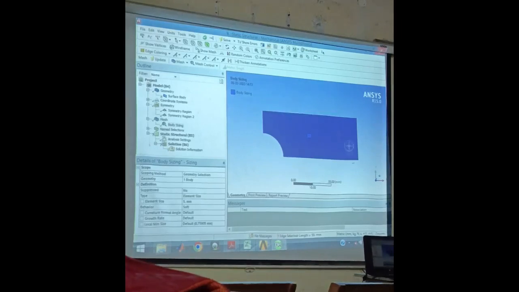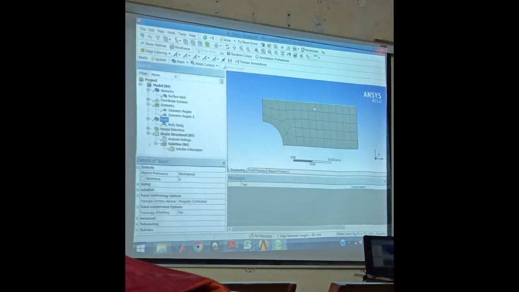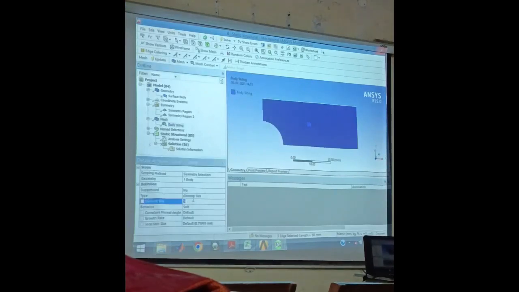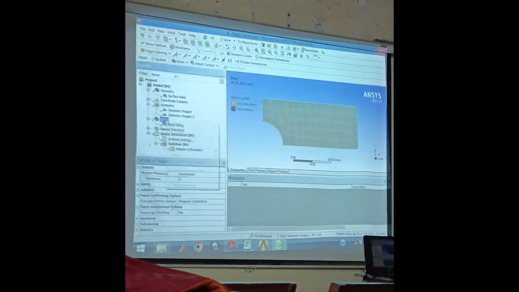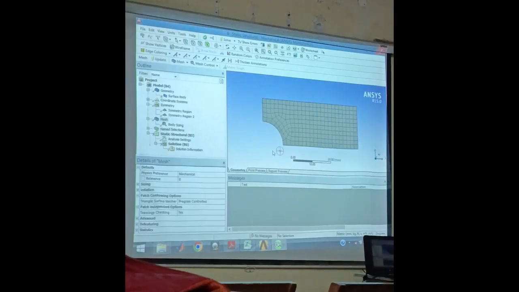We are planning to have a good quality mesh. This is 40 mm, this is 50 mm. And here I told body sizing was 5 mm. 2 mm. This looks better, correct? 2 mm, maybe 1 mm.